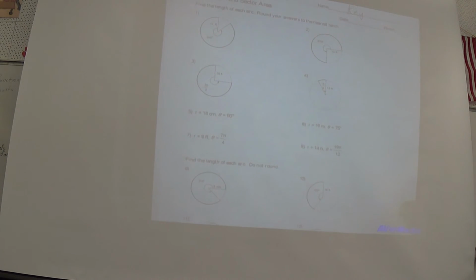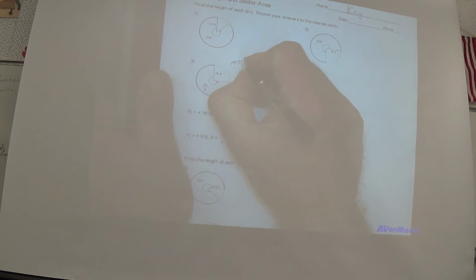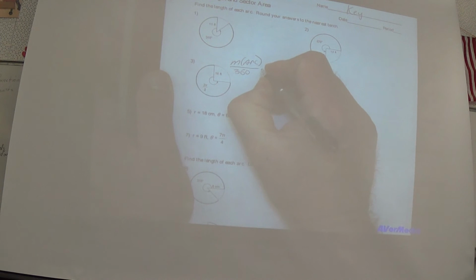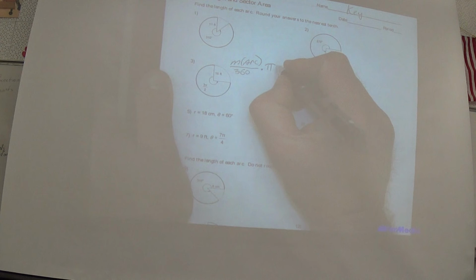Keep in mind, if you have a problem like this right here, they've already multiplied the measure of the arc over 360 degrees times pi, right? They've already done that. You need to multiply it times 2 times your radius, right?